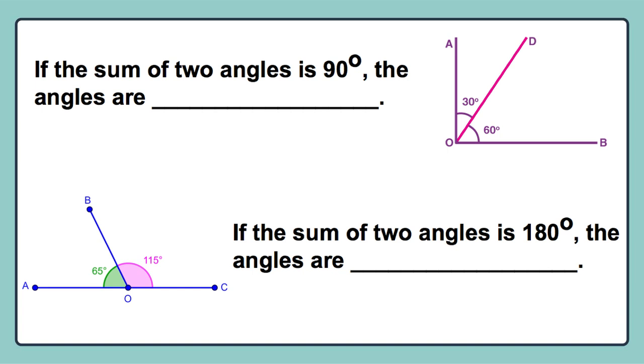If you have 2 angles, and the sum of the 2 angles is 90 degrees, we say that the angles are complementary. They complement each other.